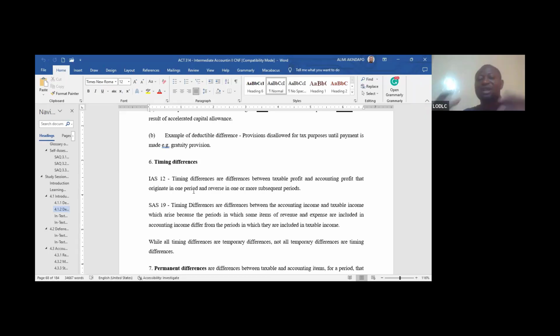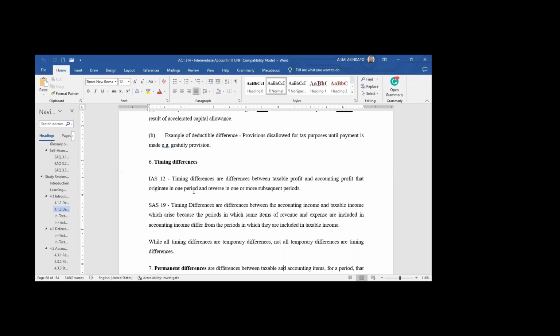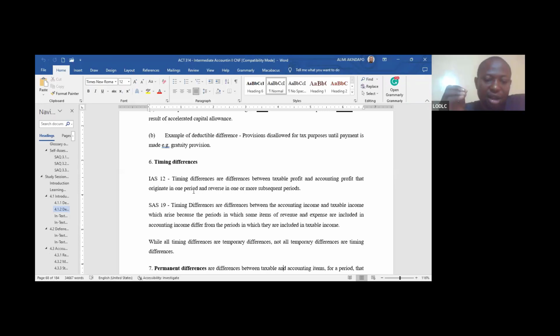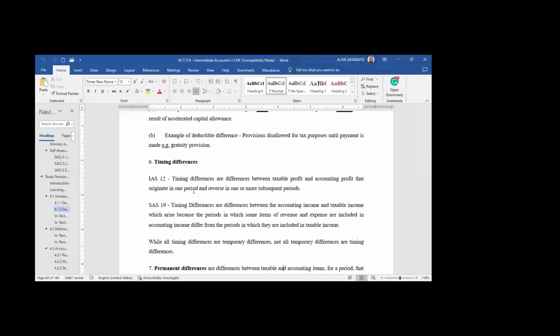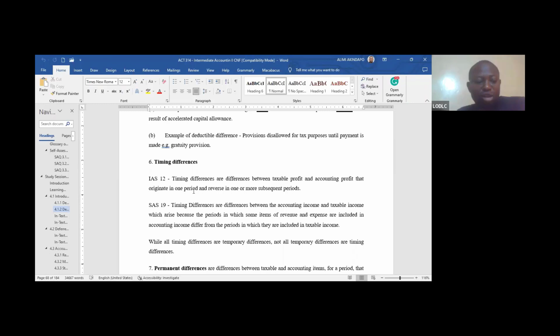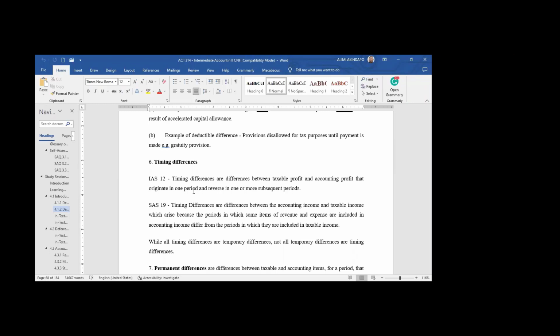The difference that we might have between the accounting profit and taxable profit is regarded as timing differences. And these timing differences can also be attributed to the taxable tax payment, that is the current tax.